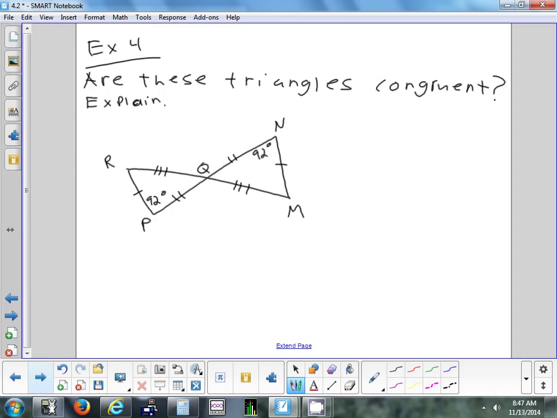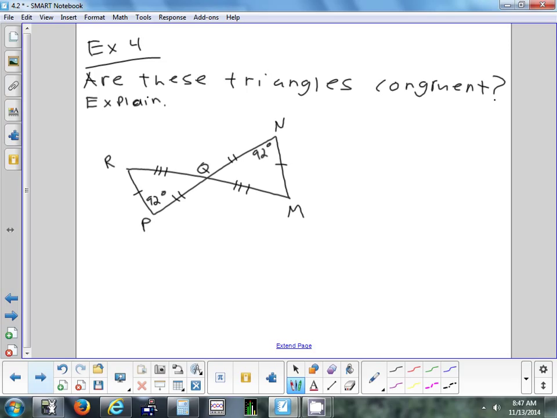Okay, so I want to show, are these triangles congruent? What did we say earlier? What do we have to show for 2 triangles to be congruent? Jacob?